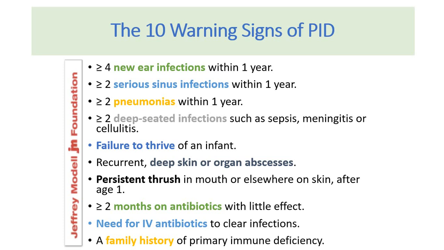If every time he develops an infection he requires a long duration on antibiotics to clear his infection, 2 months or more, if he needs intravenous antibiotics all the time to clear infections, and one of the most important of the 10 warning signs is a positive family history, a family history of previously affected children.